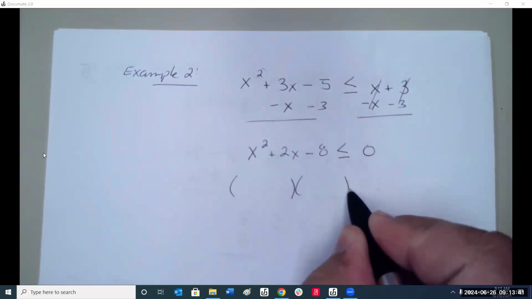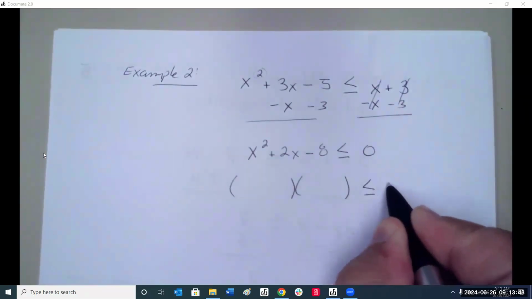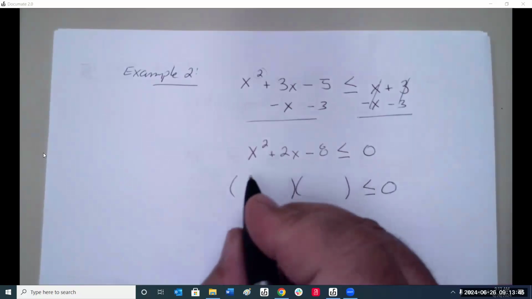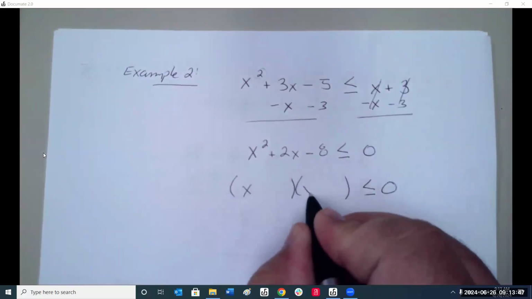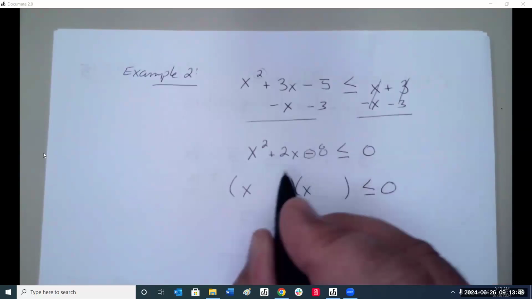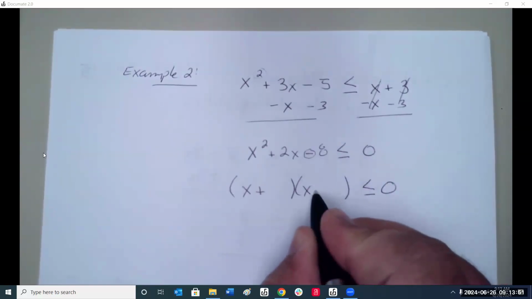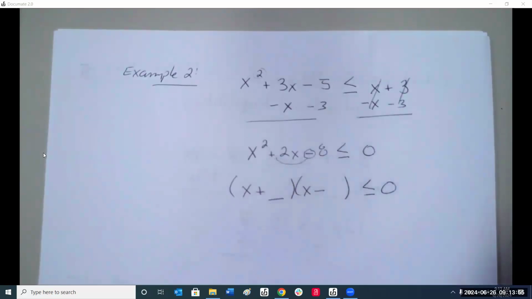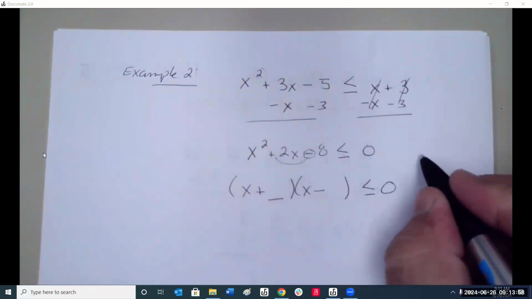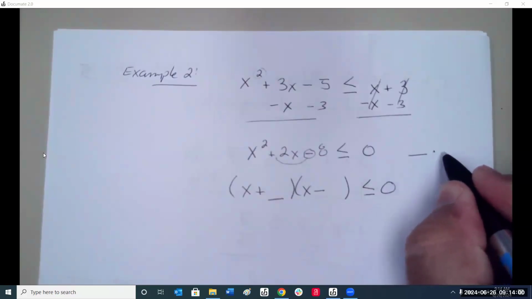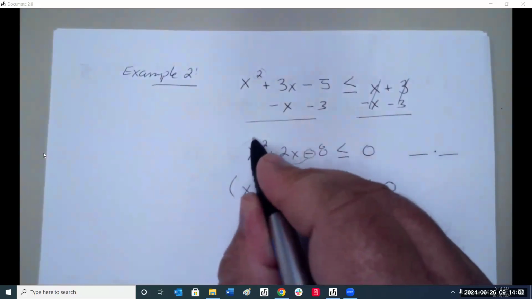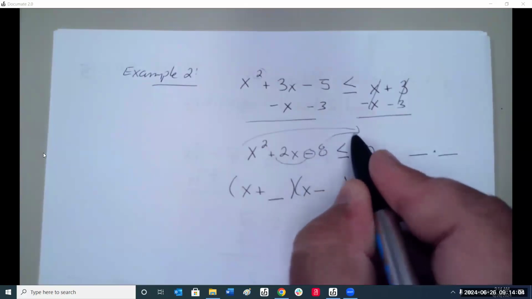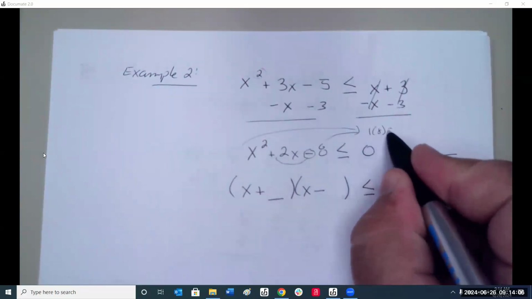Because we have to find the x-intercepts of this graph. The second sign's a minus, so they're opposite signs. And the bigger number is positive. Because we take the first coefficient, so 1 times 8 is 8.